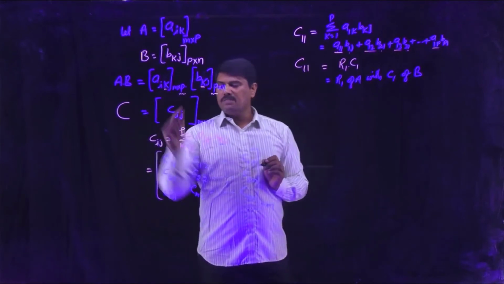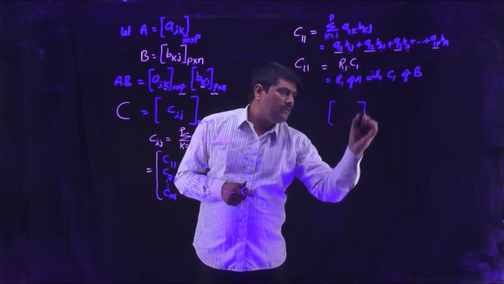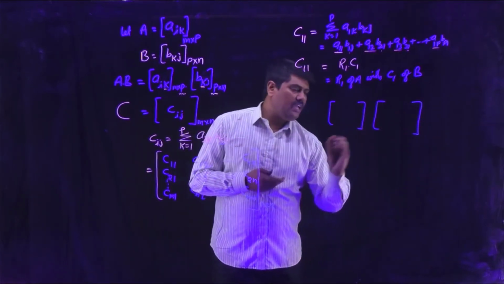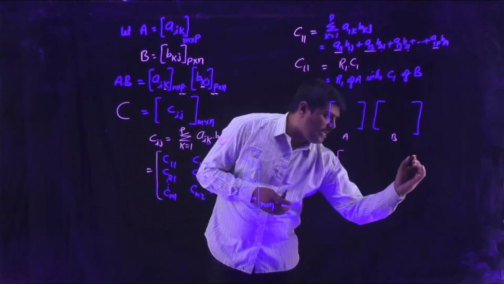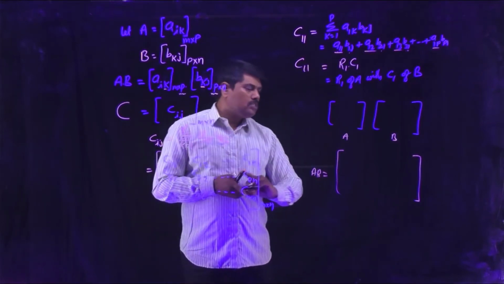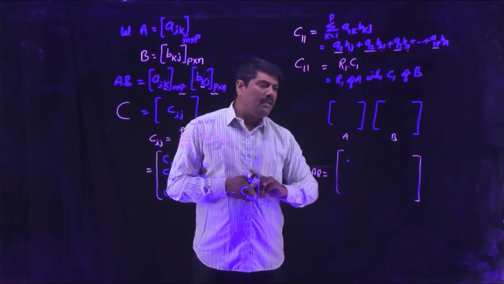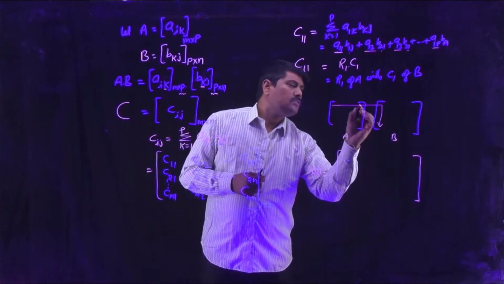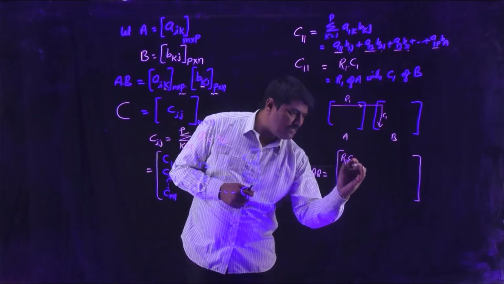So here you can observe, this is A and this is B. After multiplication you are getting a new matrix named AB. The element here is obtained from multiplying R1 with C1, so you get R1 C1.